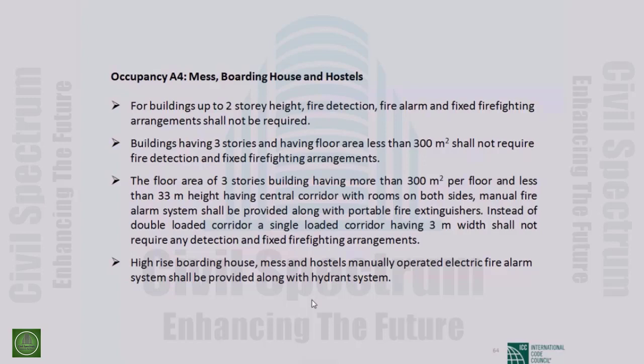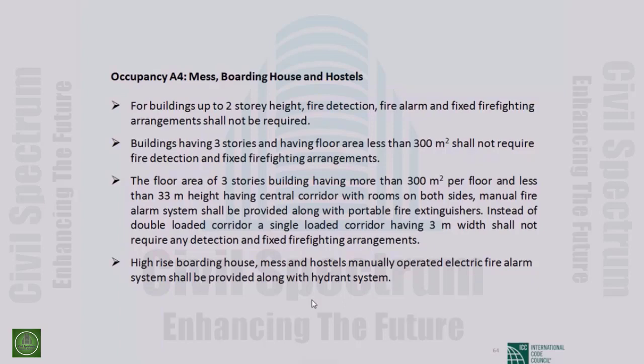Instead of double loaded corridor, a single loaded corridor having 3 meter width shall not require any detection and fire arrangement system. So you may think, what is the double loaded or what is the single loaded? Actually, if you have a common corridor, where one side is a building or working area and the other side is a residential area or boarding area, then it is called single loaded.